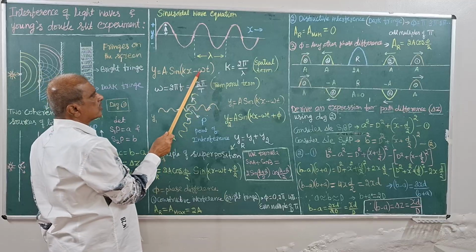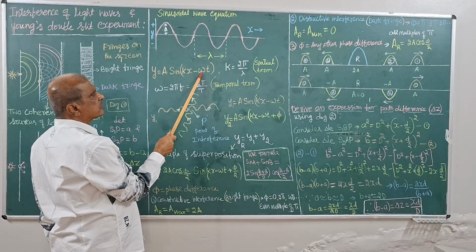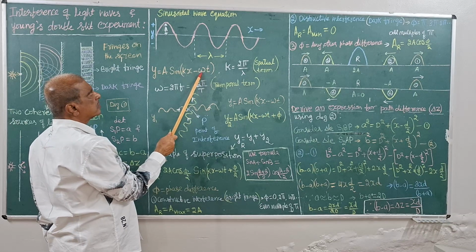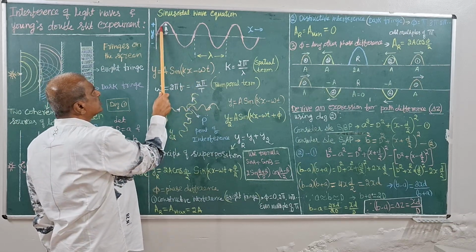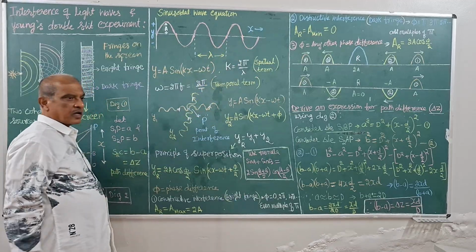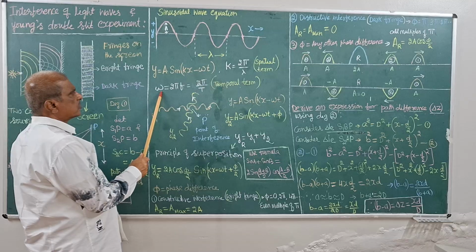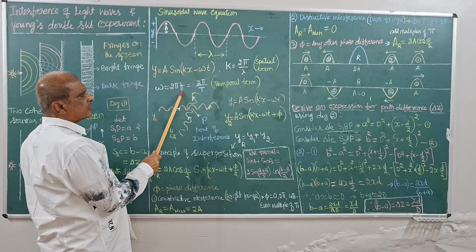And the next term is omega t. Omega means angular velocity. It is not a linear velocity. The angle changes in radians like this. Angular velocity. This angular velocity equals 2 pi f. What is f?